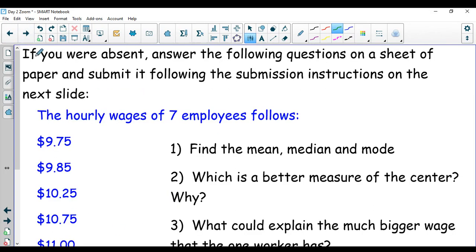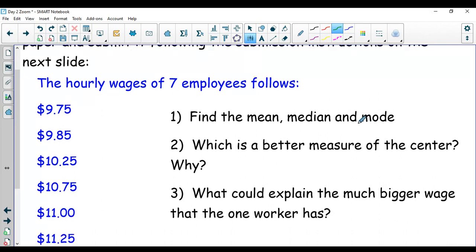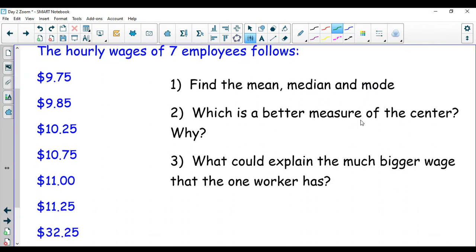Okay, so if you were absent, what I want you to do is answer the following questions on a sheet of paper and submit it following the submission instructions on the next slide. All right, so I'm just going to let it sit here for a minute. You'll have to pause and write the numbers out, and you're going to find the mean, median, and mode.